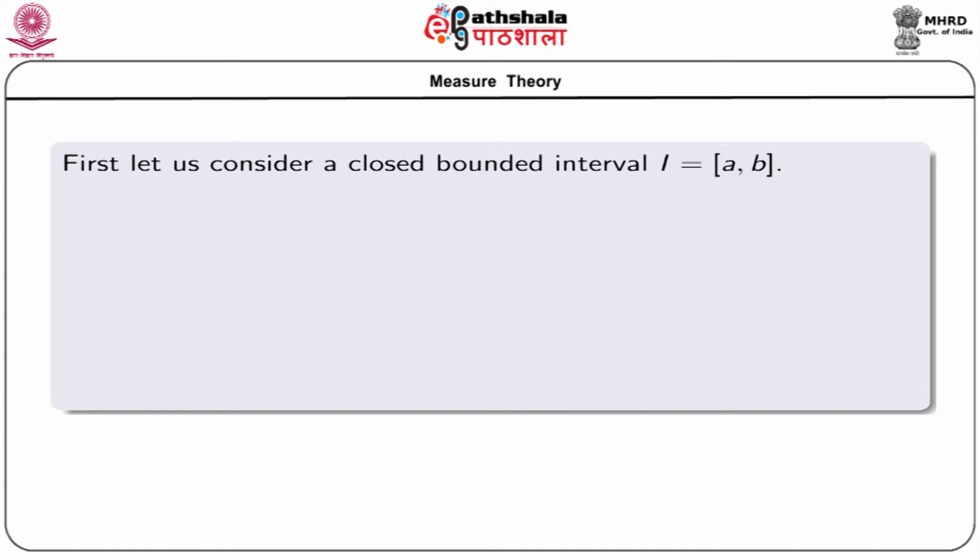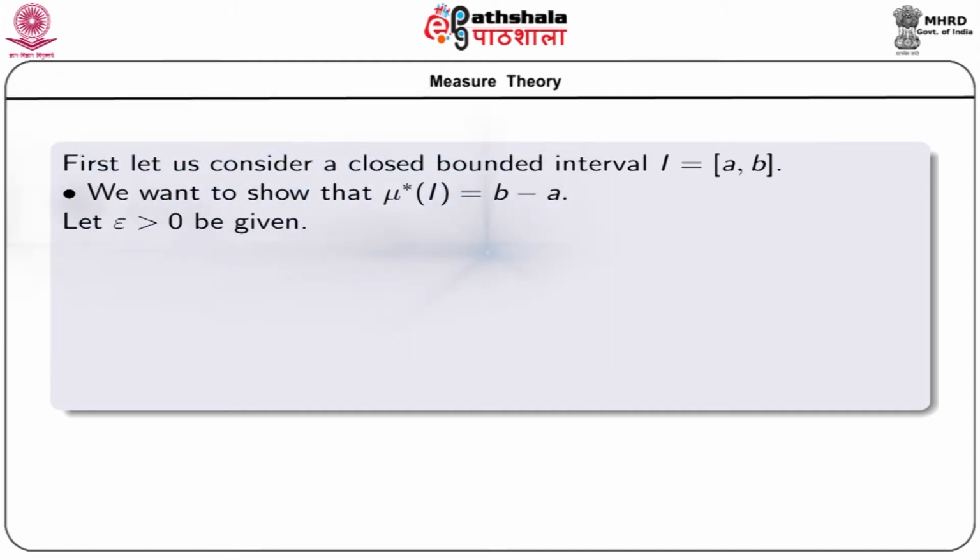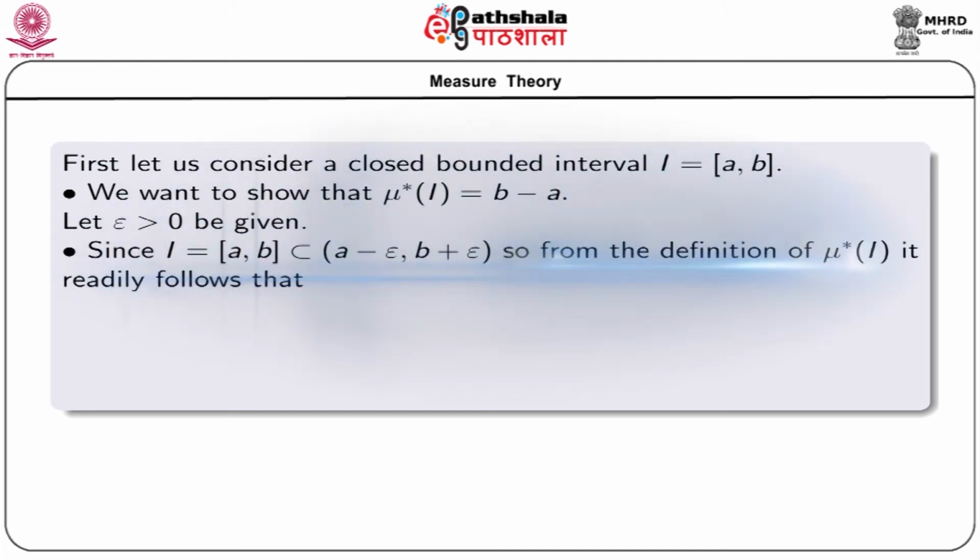We start with a closed bounded interval I, say closed interval a b. So, we want to show that Lebesgue outer measure of I is equal to the number b minus a. Let epsilon greater than 0 be given. Now, see that we can write I equal to closed interval a b. This is a subset of the open interval a minus epsilon, b plus epsilon.